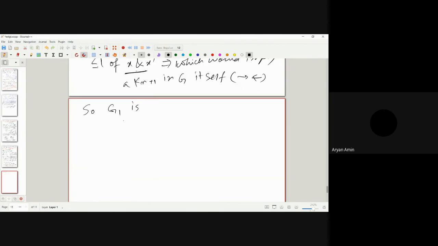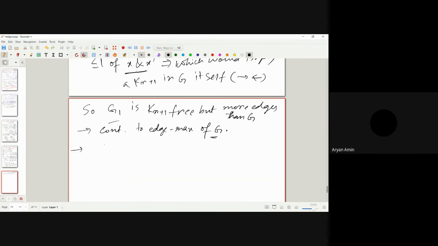So we found that G1 is K_{r+1}-free but has more edges than G. So this is a contradiction to edge maximality of G, right? So basically this cannot happen. So this case is done.